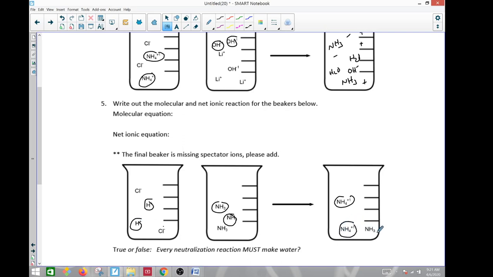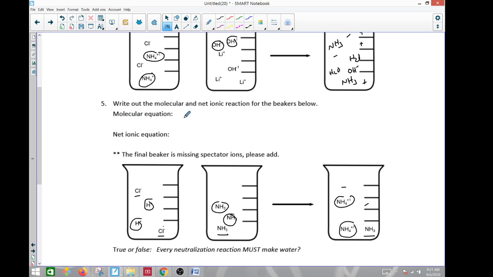And it looks like there's an excess of that guy, which is located there. And we have a few anions here. Add spectator ions, please. So these should be the chlorides that didn't do anything, so they should be right here. Notice the beaker has positives and negatives that match. That's always nice.